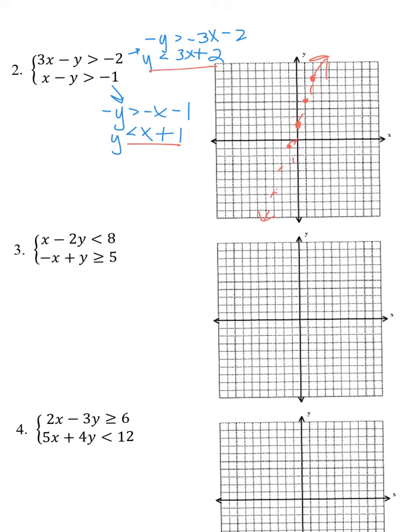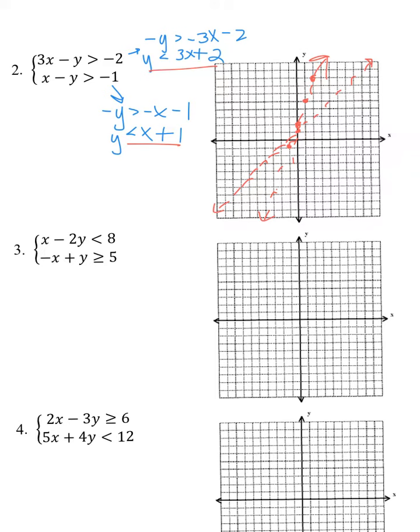Then the other one, it goes through 1, and it has a slope of 1. So it's going to go like this, straight through. And it again is dashed. So we're going to come down like this. Okay, so the same idea of figuring out which way do I shade, I'm going to plug 0, 0 into both equations.